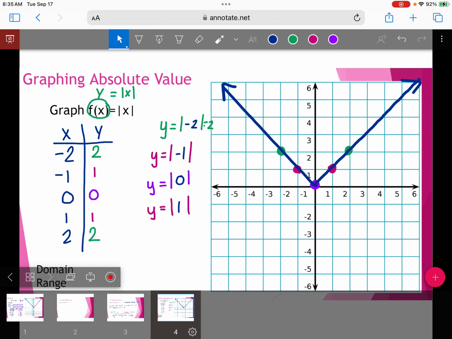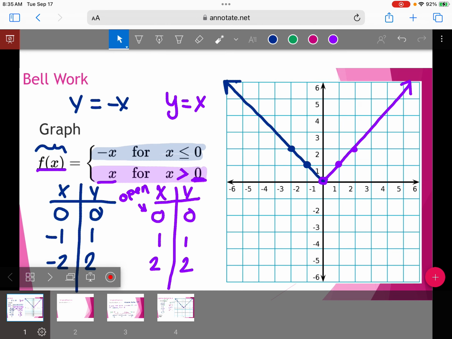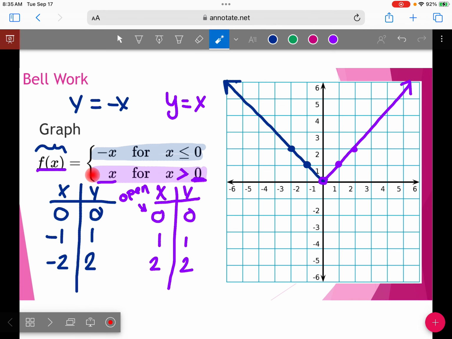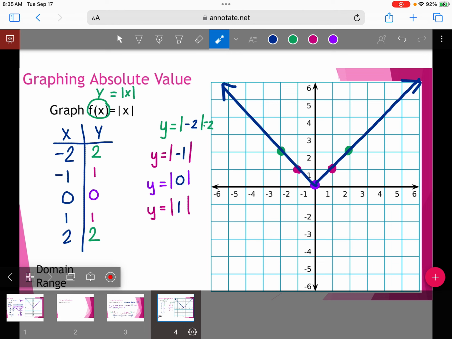They're the same graph. So this piecewise function is the exact same as the absolute value function. They mean the same thing. That's why this is in here with these piecewise functions. Absolute values are just fancy schmancy piecewise functions.